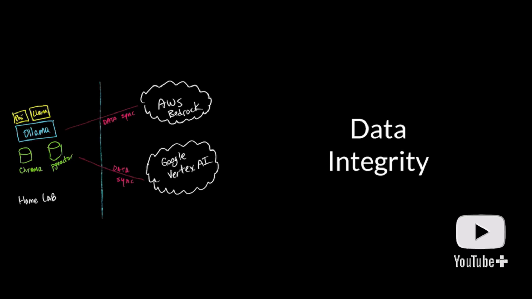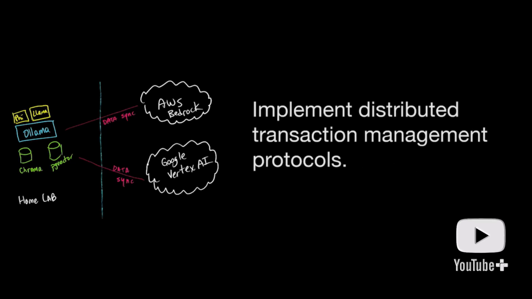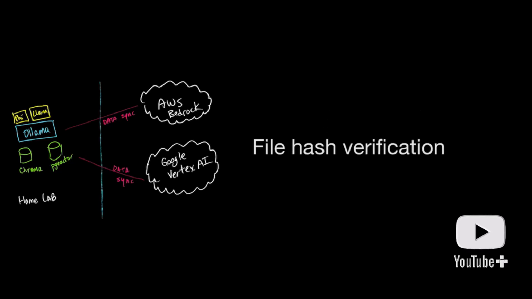So you have to use some type of validation process to ensure consistency across all your systems, right? You can implement distributed transaction management protocols like two-phase commits and so on, go to that level of detail, or have something very simple as just a hash verification whenever you're transferring files.